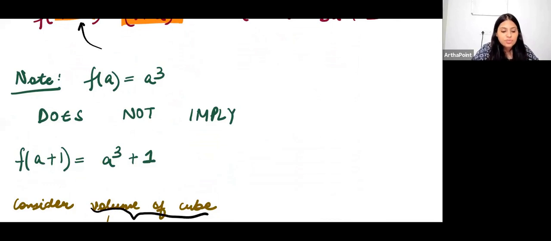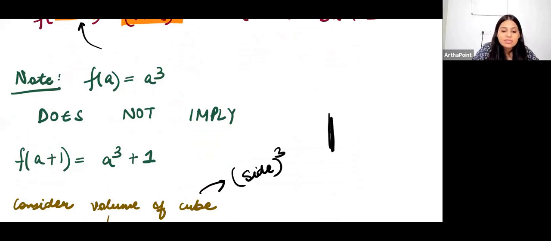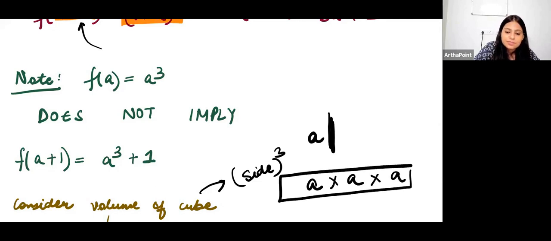The formula for volume of a cube is its side cube. For a cube, length, breadth and height are the same, so if its side is valued at a, then the volume of the cube will be a into a into a. Simple. That's the volume of the cube.